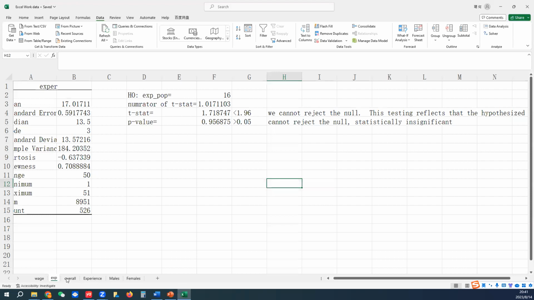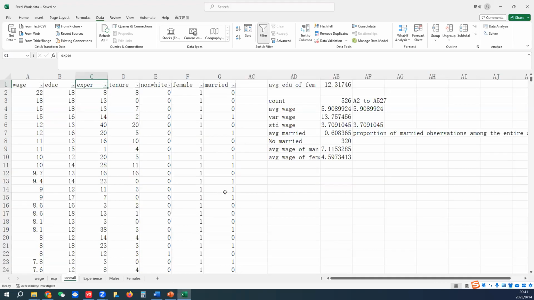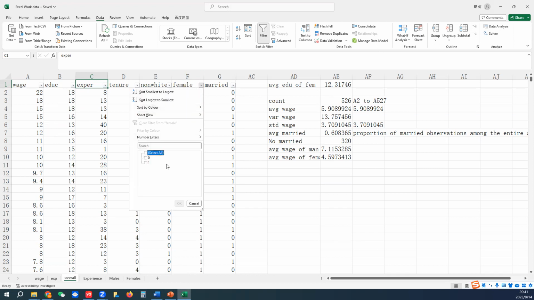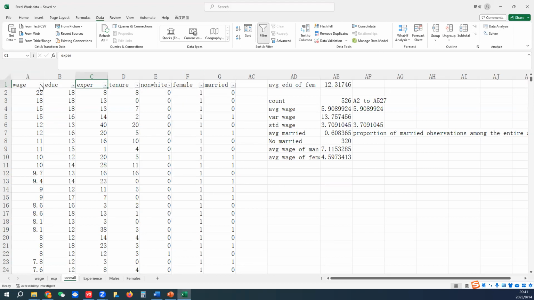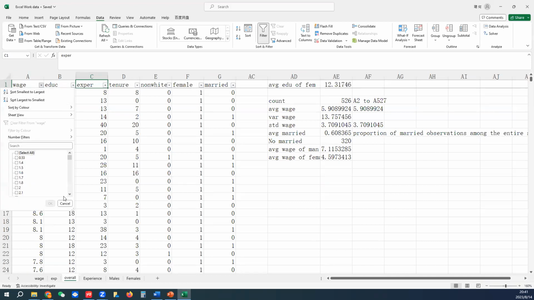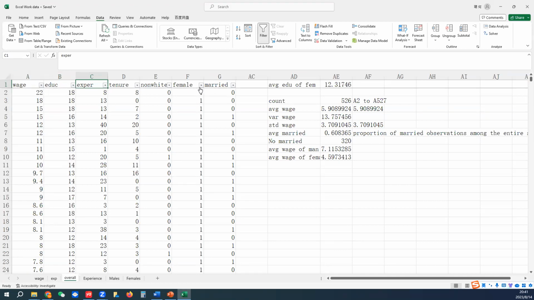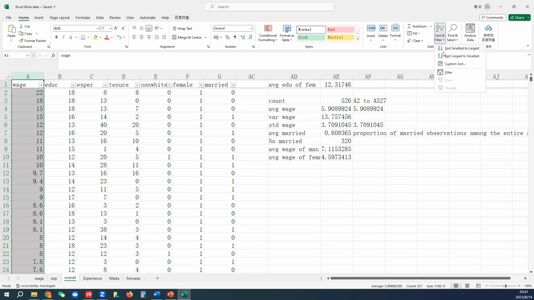Let's look at this. So this is the overall data, and we are looking at the wage of female versus male. The first thing we are to do, let's uncheck them all and go back to the original status.